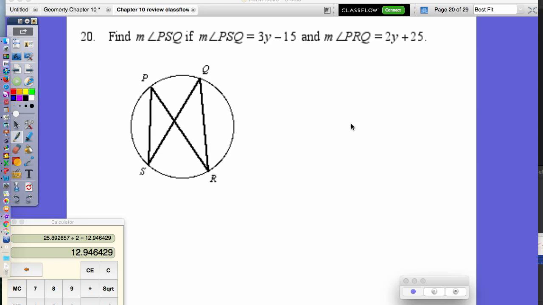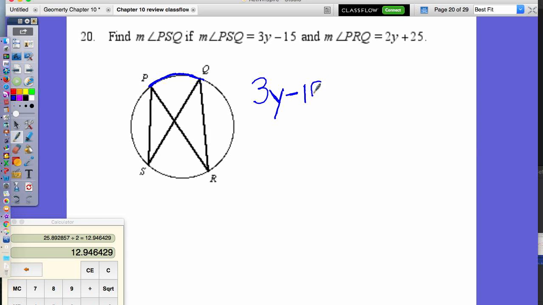For problem 20, they want you to find the measure of angle PSQ, and they give you an expression for PSQ, and they also give you an expression for PRQ. And you can see that both PSQ and PRQ are inscribed angles that intercept the same arc, which means they're going to be congruent. So if PSQ is 3y minus 15, and PRQ is 2y plus 25, you can set them equal to each other.